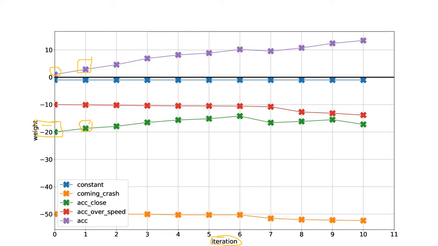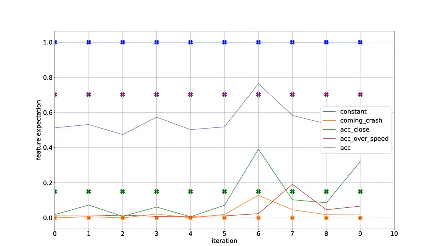What you can see is that it really makes a bonus for the acceleration, and it was still not managing to close the gap in terms of features, so no feature match. And in addition, it caused the agent to be too aggressive, or at least to only accelerate, and I couldn't get any successful agent at the end, which was not crashing. So these are the feature expectations I had.